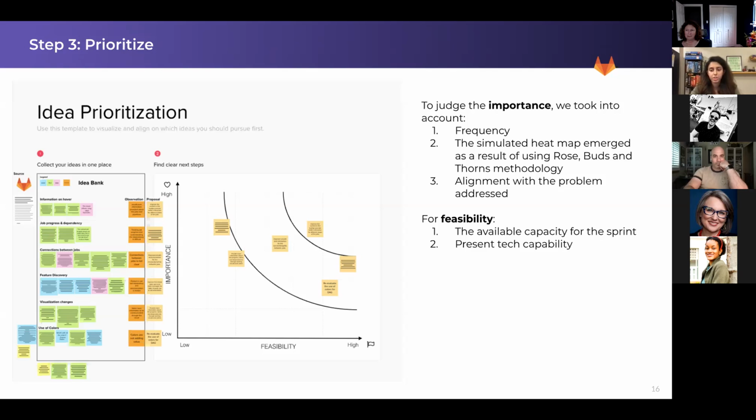And for feasibility, of course, we tried to align with the available capacity of the team and the present tech capability. So we did a prioritization exercise, and that's how we ended up with two of the proposals which are now being turned into an issue for 13.3.